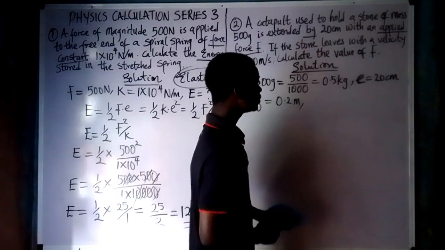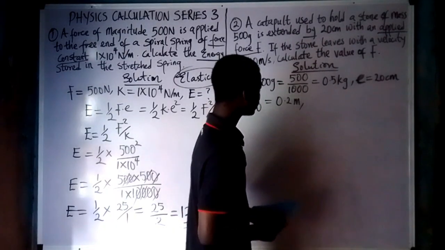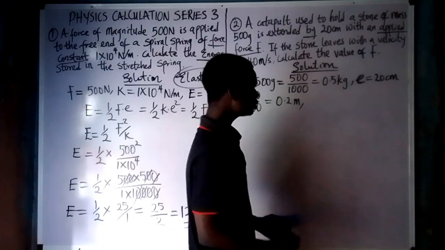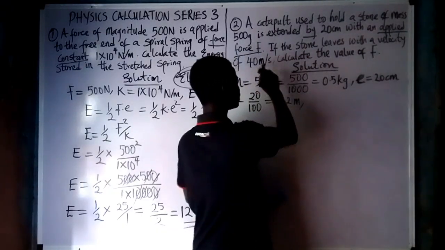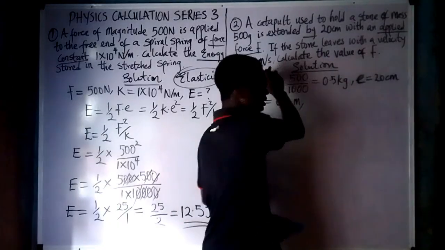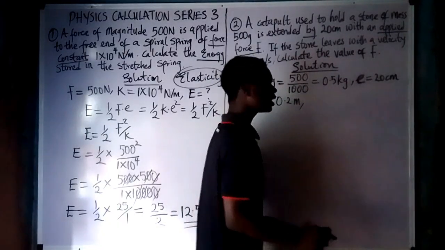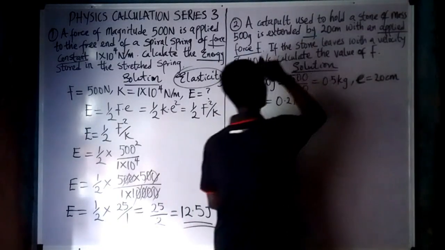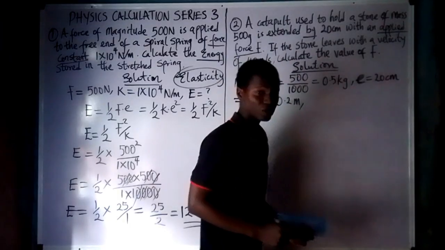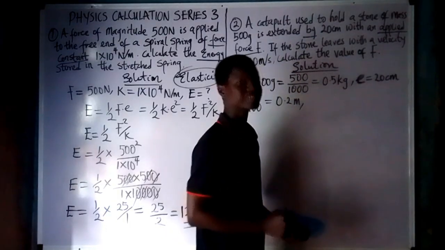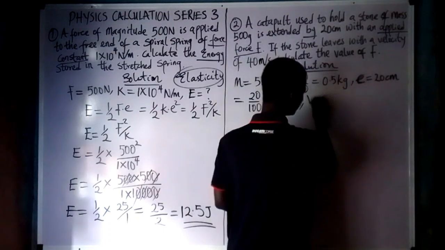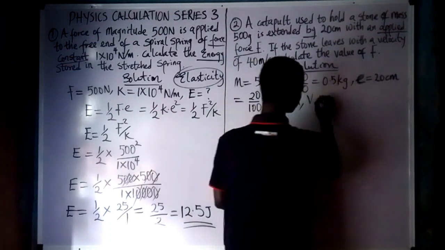Then it said with an applied force F. Then it said if the stone leaves with a velocity of 40 meter per second, this is the next given quantity. So we're given a velocity of 40 meter per second. So in this very question, velocity is known. Yes or yes? Yes. So we say v equals to what?